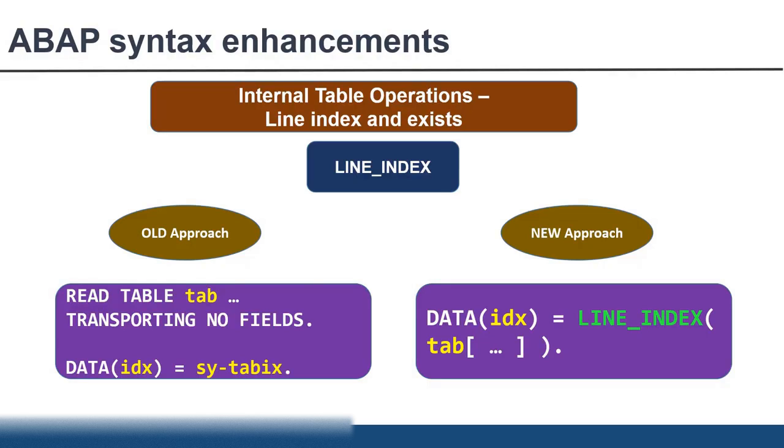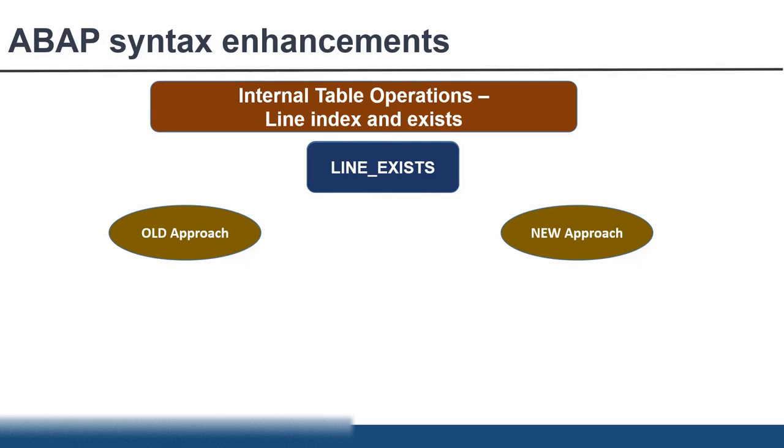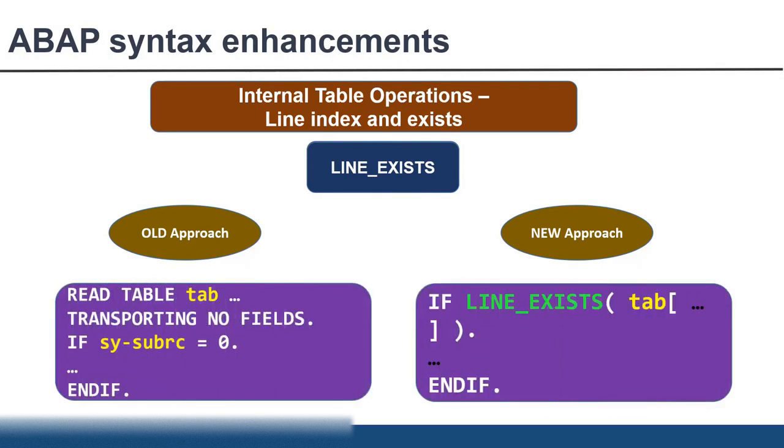Another expression is line_exists. If you want to check if a record exists in an internal table, you write the code like shown here. In the old approach, you are reading the internal table with the extension TRANSPORTING NO FIELDS and then checking the sy-subrc and taking it further.